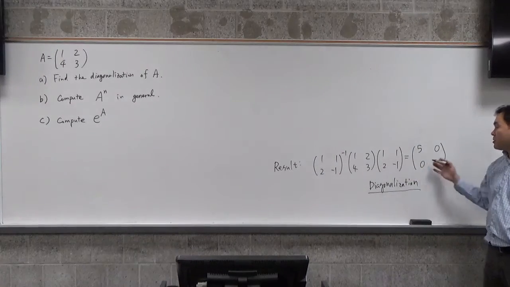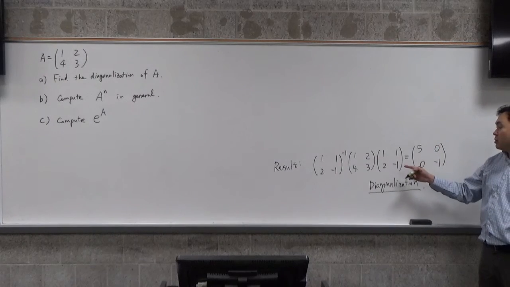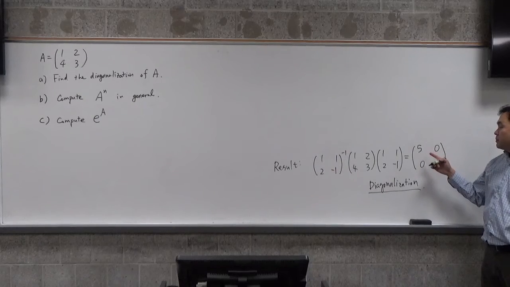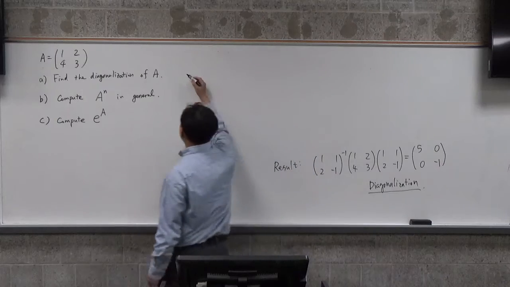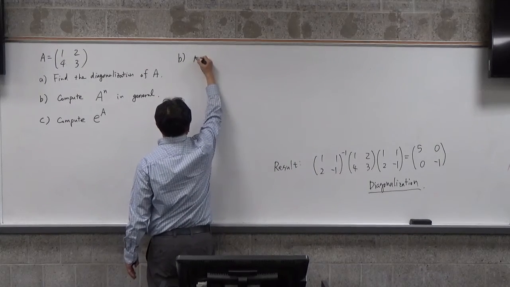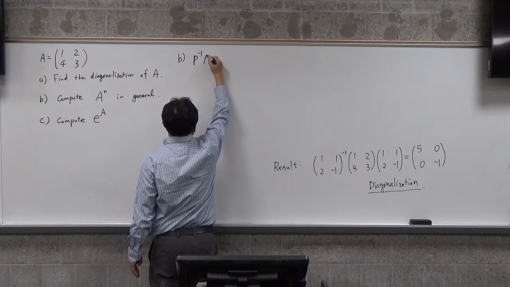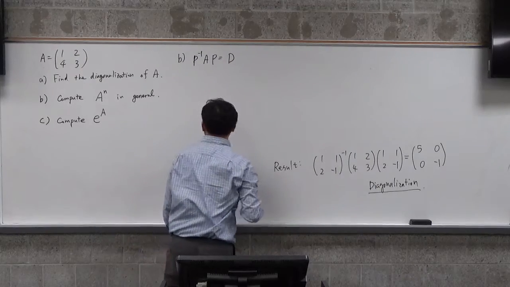Well, I said this is diagonalization, but usually for finding A to the n, you really want to, okay, so for part B, let's start with the following fact, that we have some P inverse AP, which is a diagonal matrix, right?